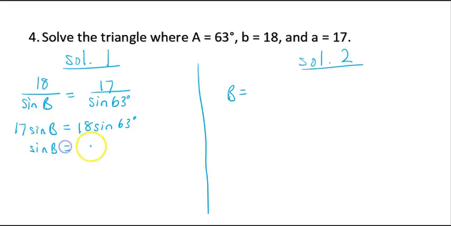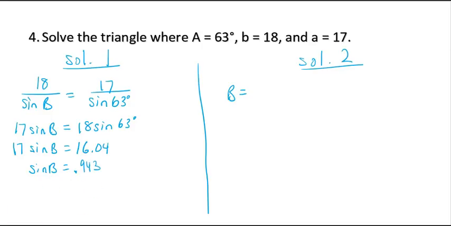Actually, let's say 17 sine B, and let's type this 18 sine 63 in. If you type that in, you get 16.04. Now I can divide by 17, and it's a lot less to type in my calculator.